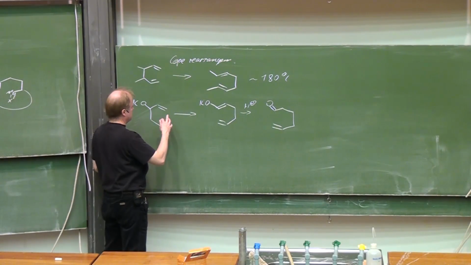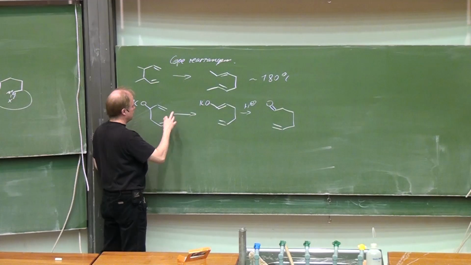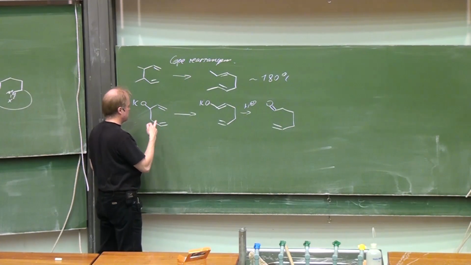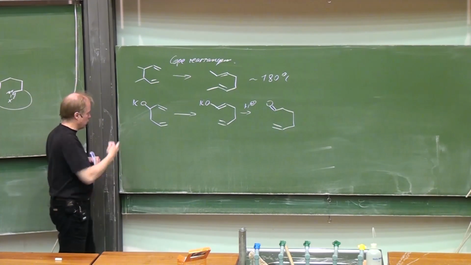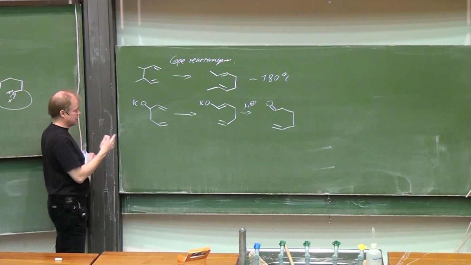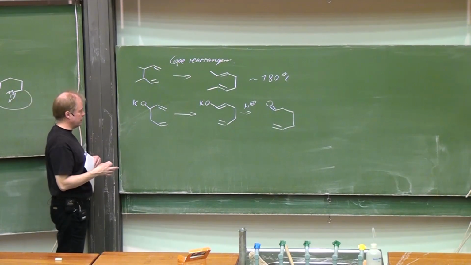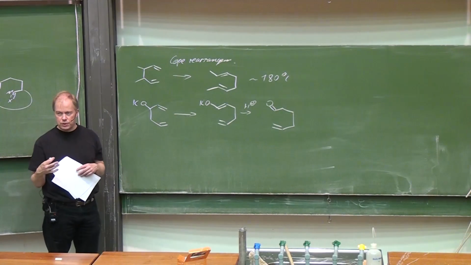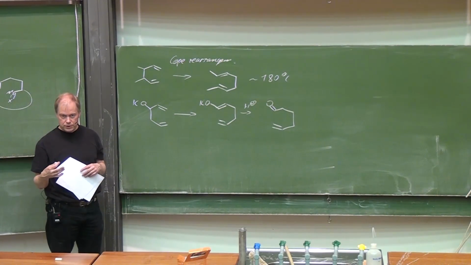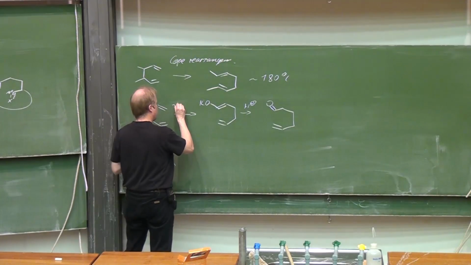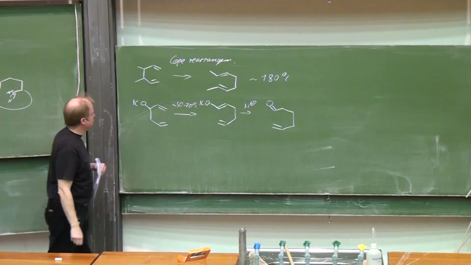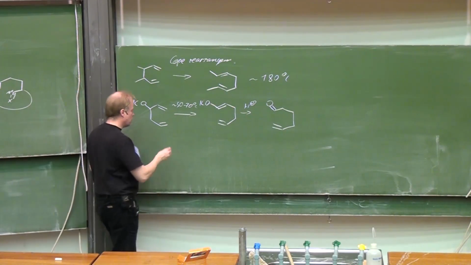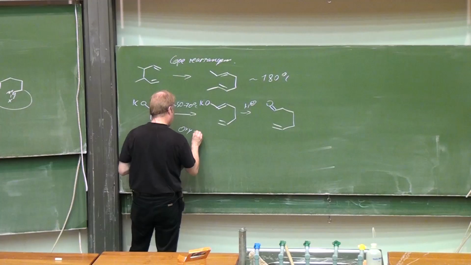And since this is a more electron-rich system, this also in electronic contact, of course, with the six-membered aromatic transition state, the reaction proceeds at much more moderate reaction conditions. About 50 to 70 degrees are sufficient for the so-called oxy-Cope rearrangement.